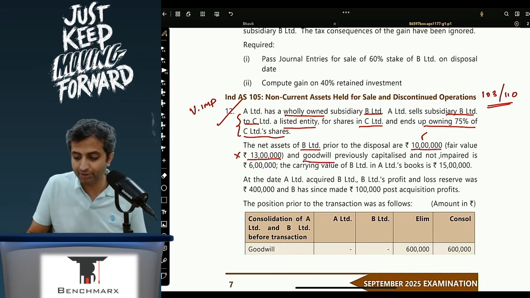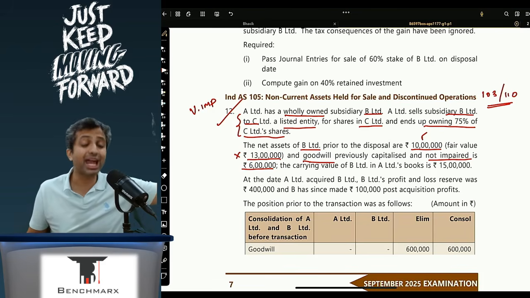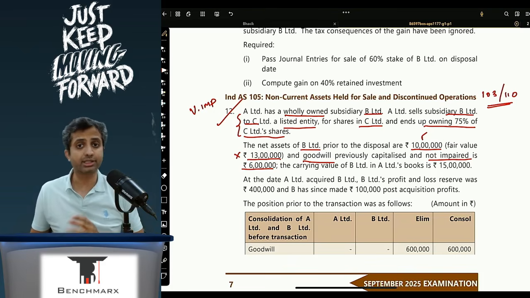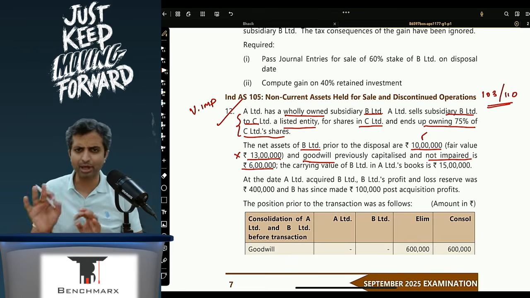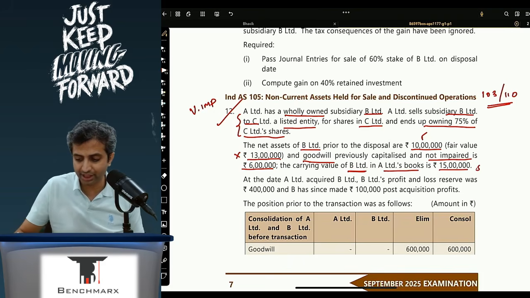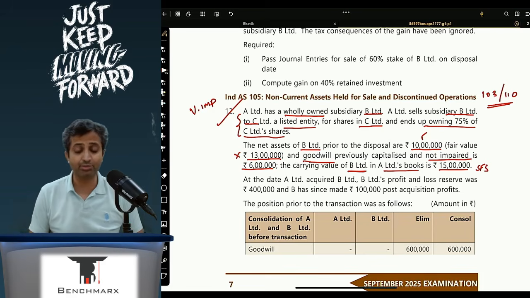And goodwill previously capitalized but not impaired is around 6 lakhs. So whenever you would have acquired a stake in B, at that point a 6 lakh goodwill must have been recorded. Goodwill is not amortized, but it is tested for impairment. There is no impairment, and hence 6 lakhs of goodwill is still appearing. The carrying value of B Limited in A's books is 15 lakhs. This must be A's SFS. So it is possible that when I acquired a stake in B, I paid a purchase consideration of 15 lakhs.